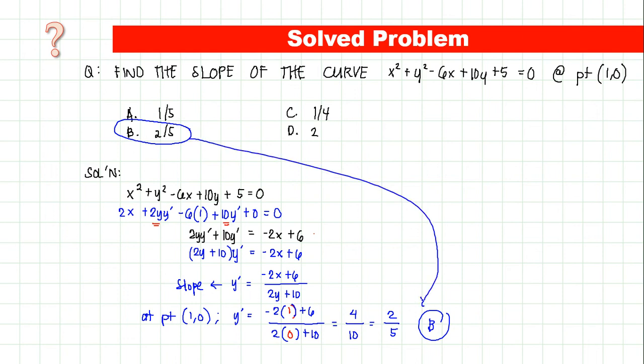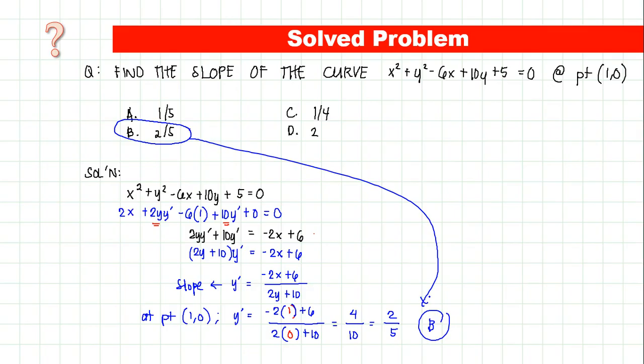So, ayan. I hope meron kayong natutunan dito sa pag-solve ng mga implicit functions. And try to solve yung mga ibang functions na meron tayo dyan sa LMS ninyo.